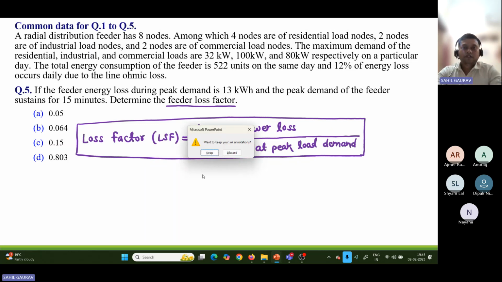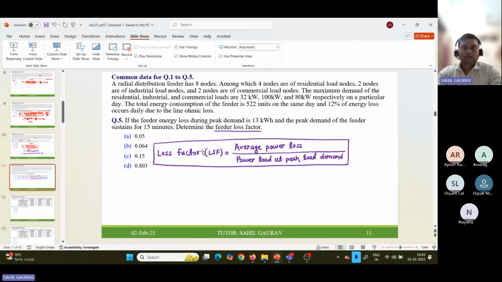So all of you please try this problem. I will give you 1 minute time, then I will solve the problem. I'm just coming, 1 minute.